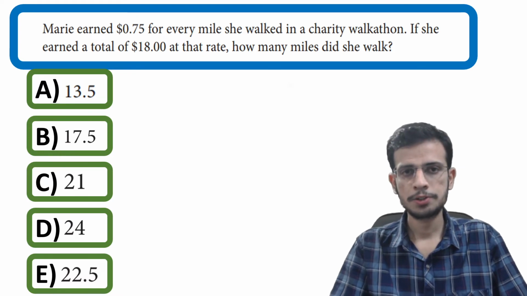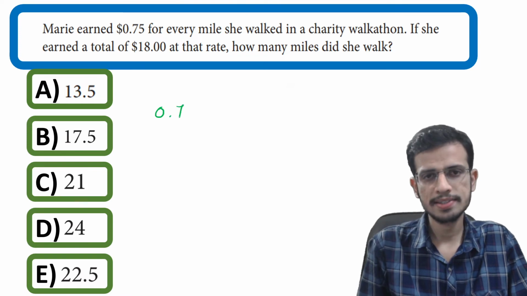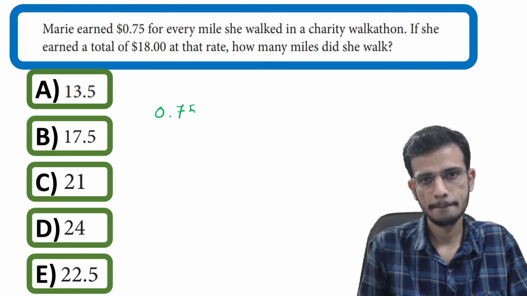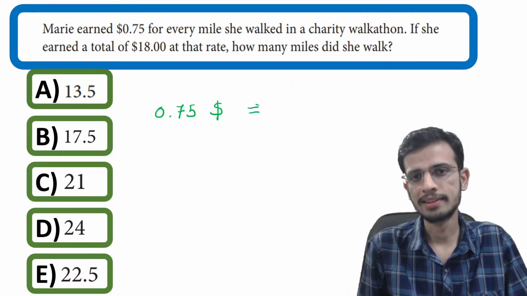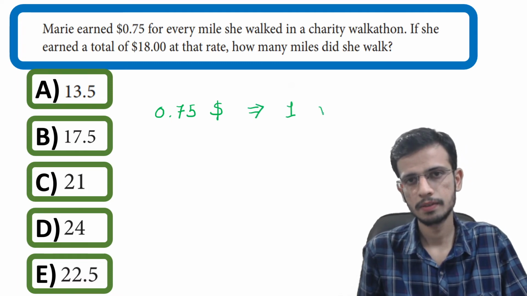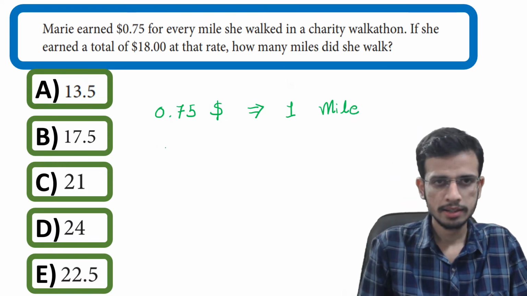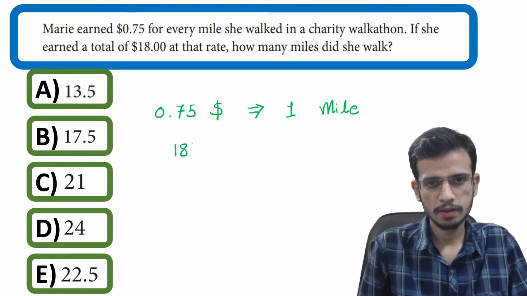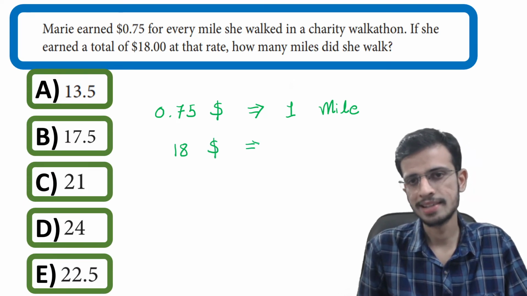Right? So we can simply write $0.75 for 1 mile. Then $18 for how many miles?